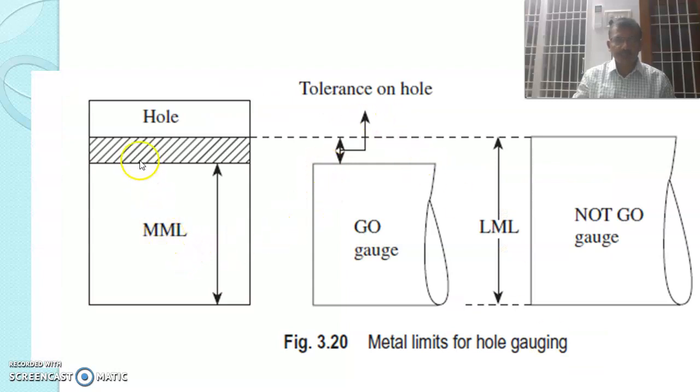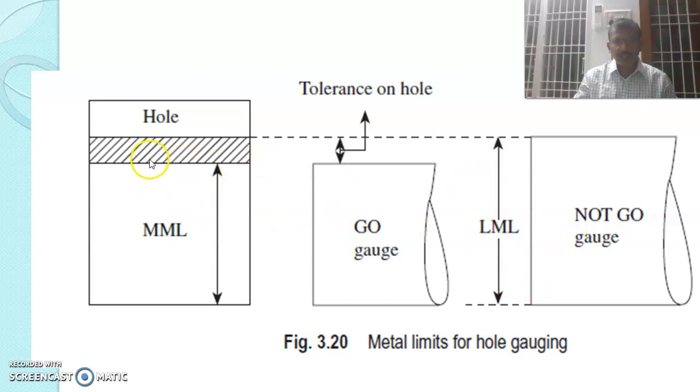This is for the manufacturing of a cylindrical part, and the shaded portion represents the tolerance of the hole. This is a minimum limit, and this is a maximum limit for the hole. If the shafts are made between the lower control limit and upper control limit, the go gauge is inserted in the holes, and if the go gauge enters the hole, the product is accepted.